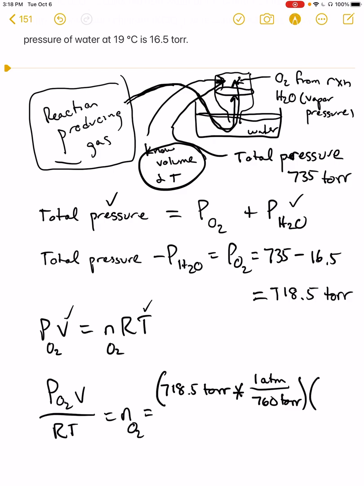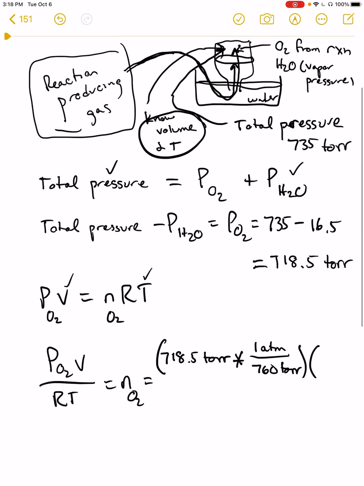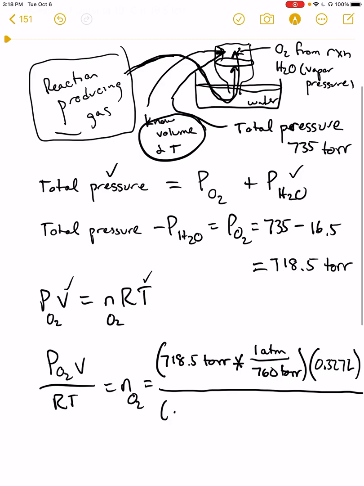My volume is given as 327 milliliters. That is 0.327 liters. My gas constant is 0.0821 liter atmospheres per mole Kelvin.